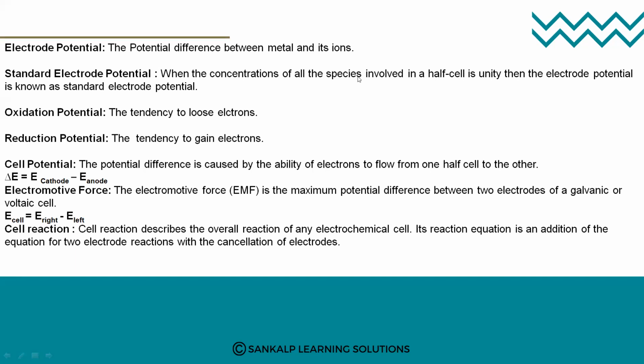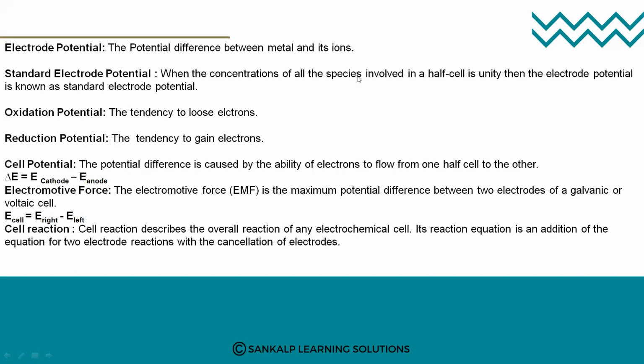Then next, what is standard electrode potential? When the concentration of all the species involved in a half cell is unity, then the electrode potential is known as the standard electrode potential.